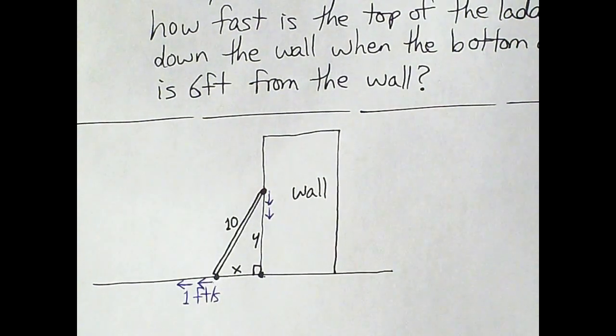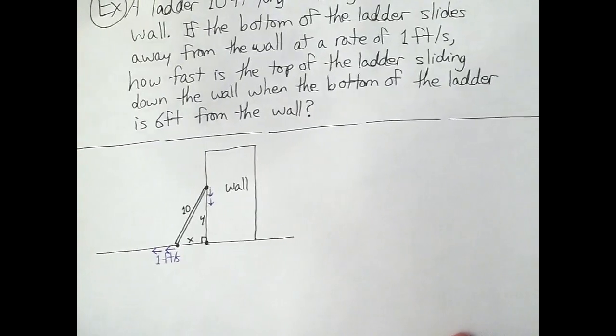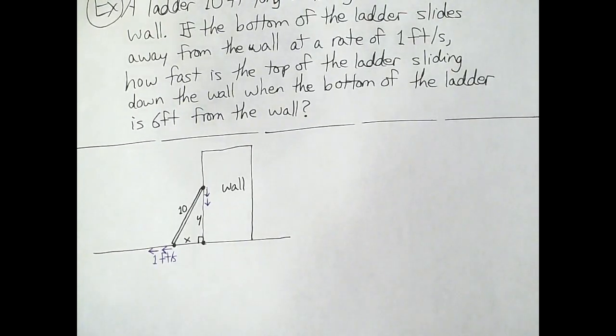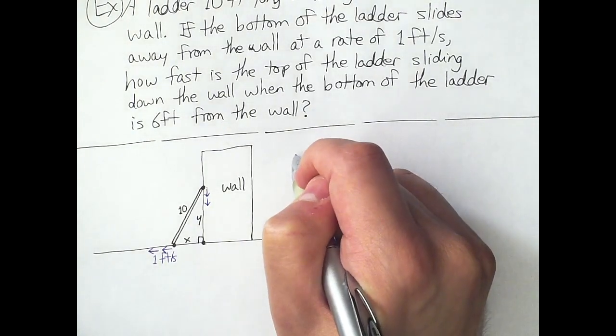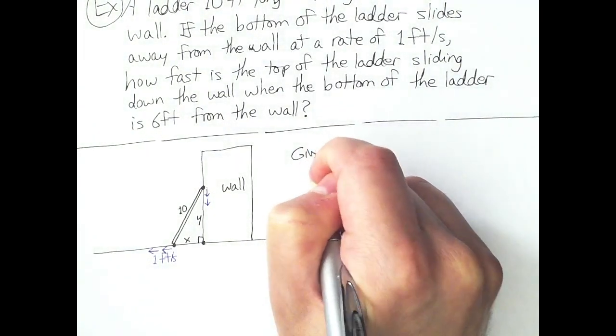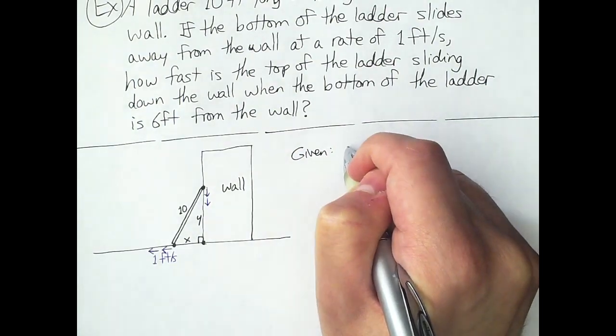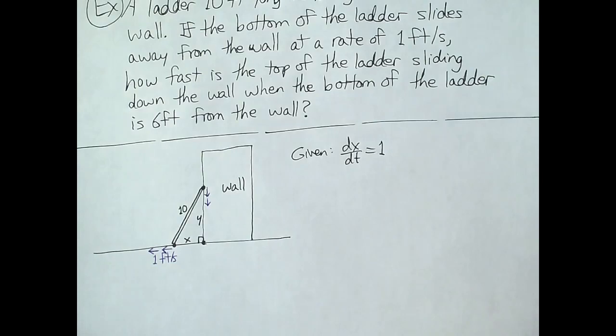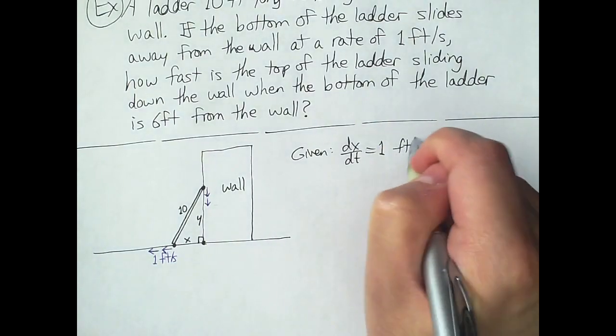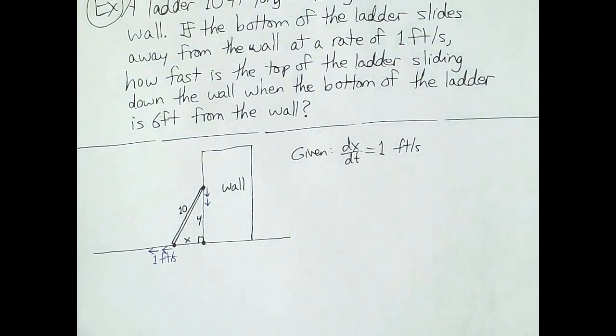Okay, let's zoom out again, and let's write some stuff to the side. We gave our things some names like X and Y. So let's talk about what is known and what's unknown. I'm going to say that we are given that dx/dt is 1 foot per second. You see why I'm saying that?